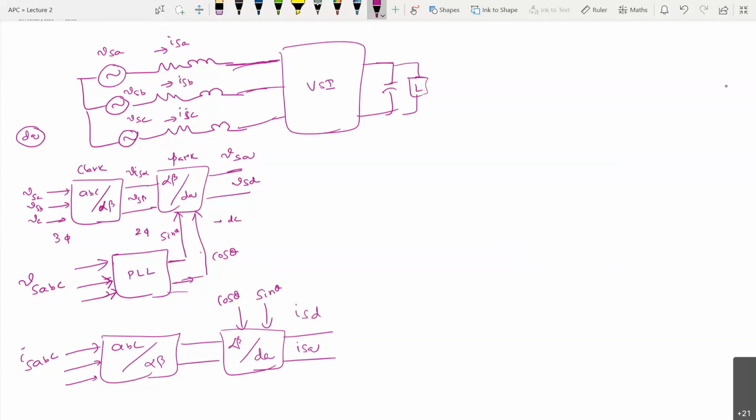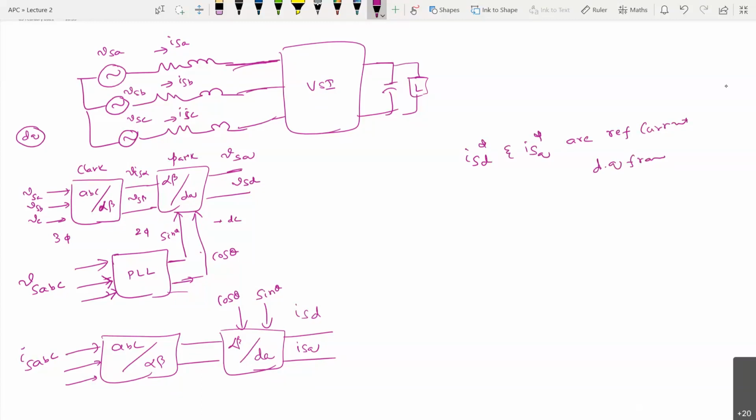Now let us assume that ISD star and ISQ star are the reference currents in the DQ reference frame.